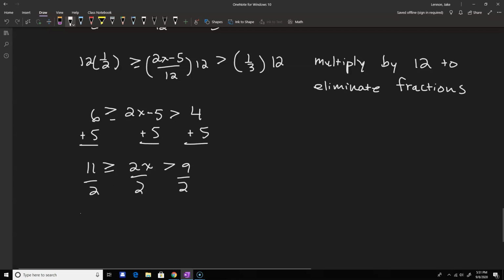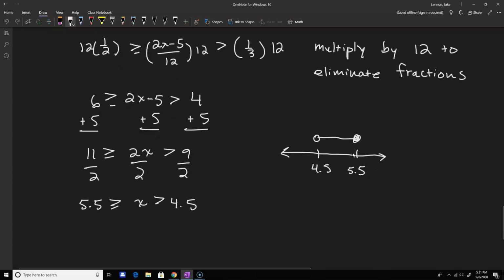So we see that 5.5 is greater than or equal to x, which is greater than 4.5. So we can graph that over here. We have the 4.5 and the 5.5, and we know there's an open dot at 4.5 and a closed dot at 5.5, and we're going to be shading in the middle.